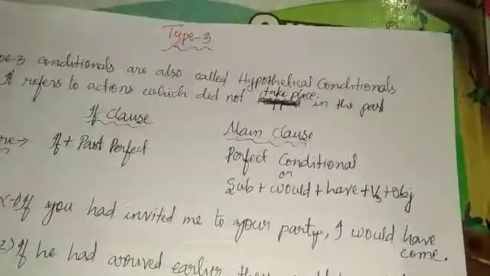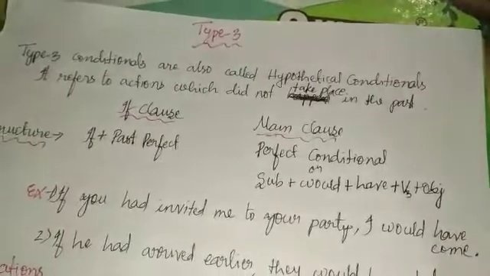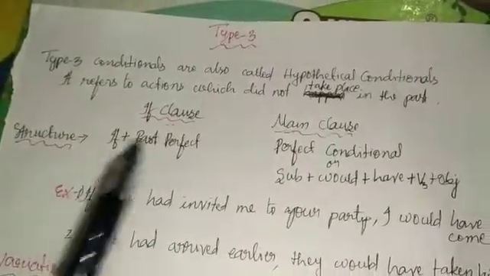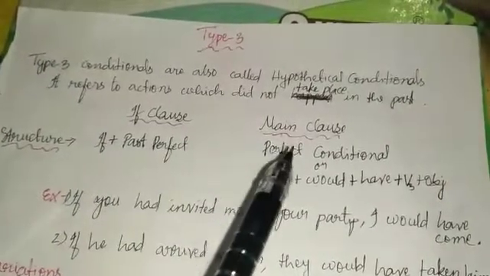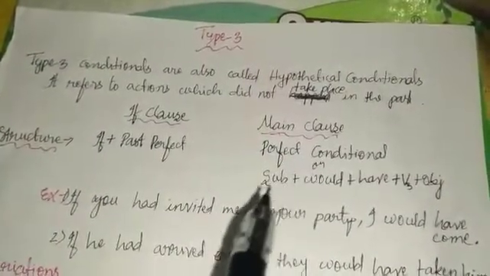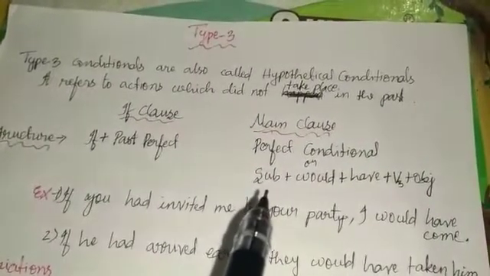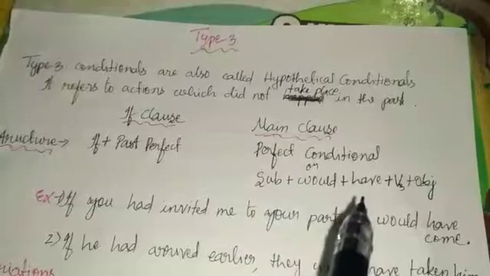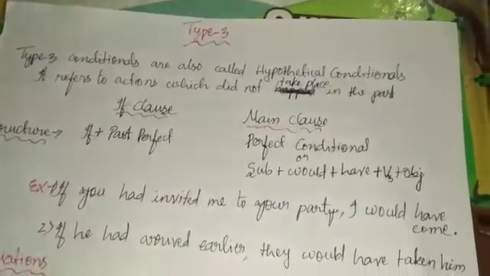So such kind of situations or actions, we express them in conditional type 3. Now the structure. In the if clause, it must be if plus past perfect, whereas in the main clause, it must be perfect conditional, or subject plus would plus have plus third form of the verb plus object.